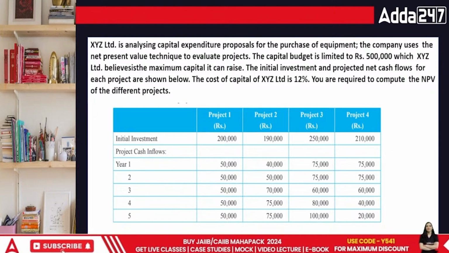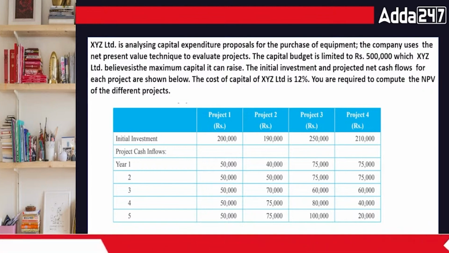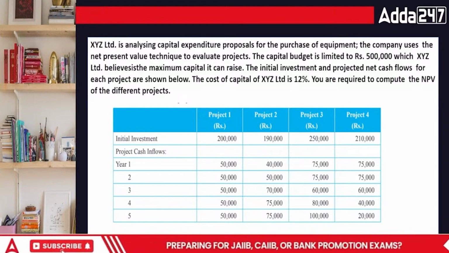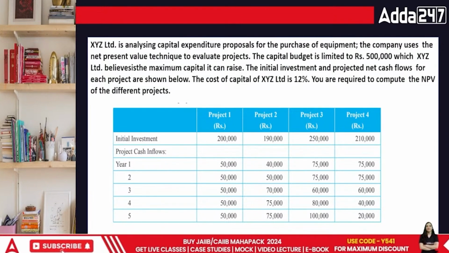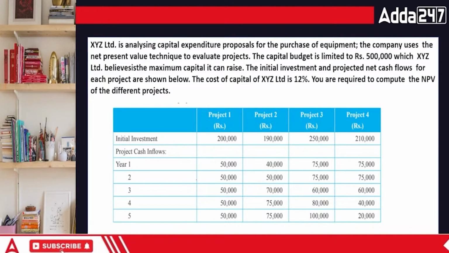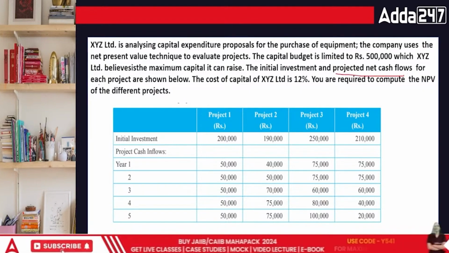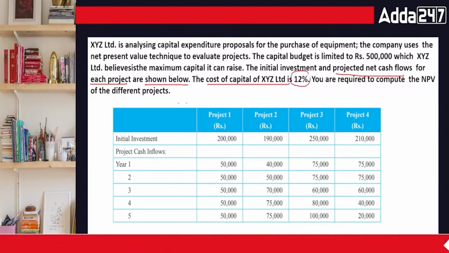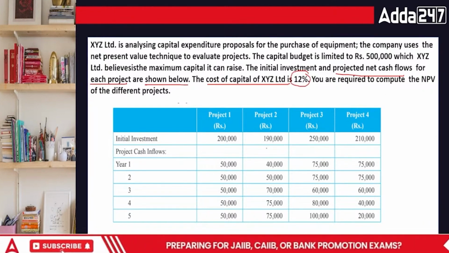The company uses NPV to evaluate projects. The capital budget is limited to 5 lakh, which XYZ believes is the maximum capital it can raise. The initial investment and the projected net cash flows for each project are shown below. The cost of capital is 12%. You are requested to do this.